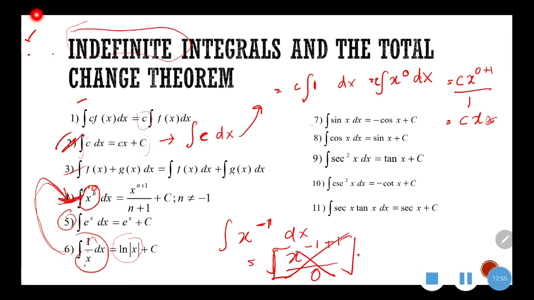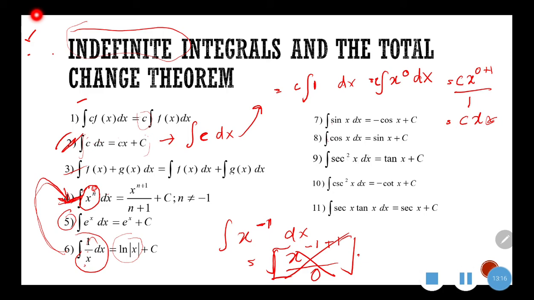And this is trigonometric, okay, because we differentiate cos, we get negative sine. So that's why here, we integrate sine x, we get negative cos x. We differentiate sine, we get cos. So that's why when you integrate cos, you get sine.